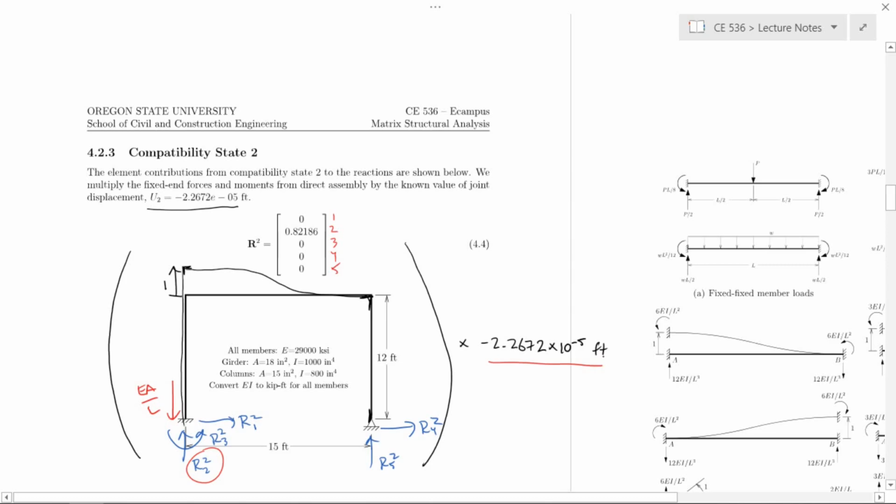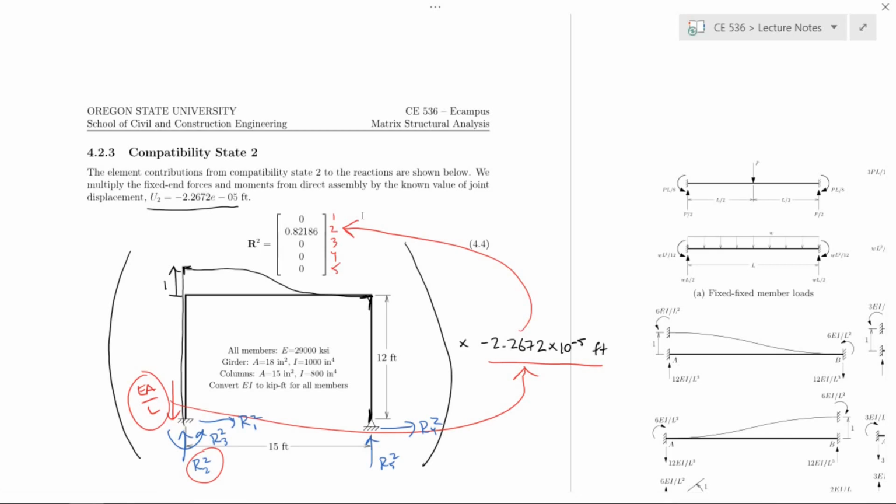So negative EA over L times negative 2.2672 times 10 to the minus 5th gives us a positive 0.82186. Okay, so again, we just let the algebra work itself out. Just still move everything as positive, and then the algebraic signs take care of everything. Okay, so that's the only non-zero contribution for this compatibility state.